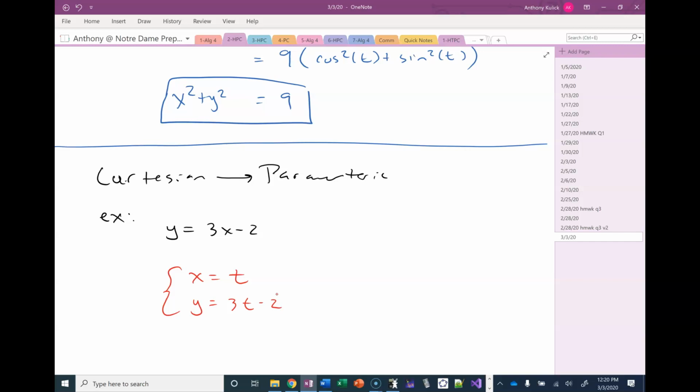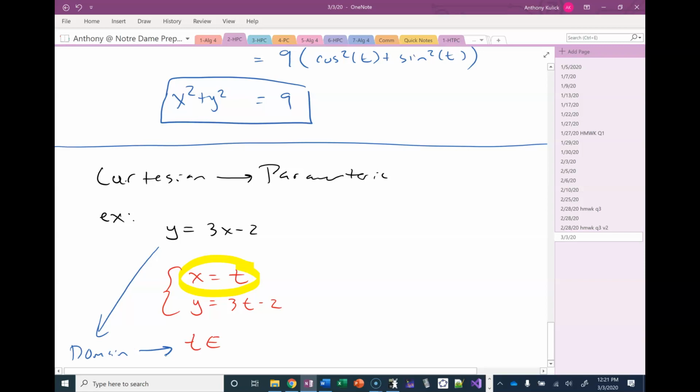Now, the only thing that's left is writing my interval. The nice part about doing it this way is because x is equal to t, whatever my domain is is going to be the same as my interval.